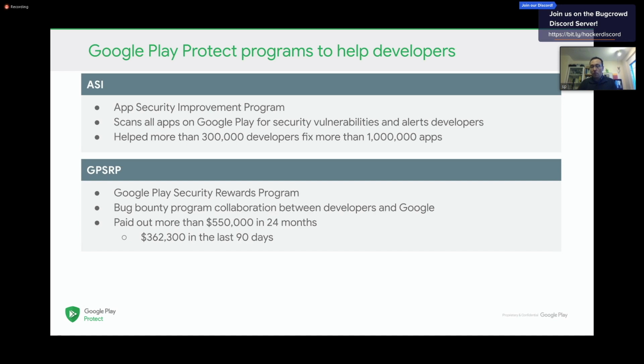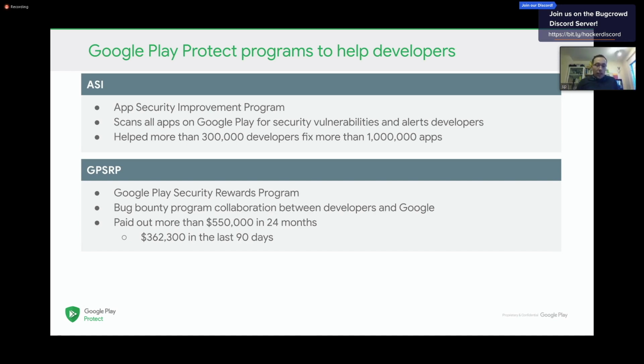And if they are non-responsive, or if they don't have any kind of structured response procedure, and it's going to be difficult for hackers to get these issues fixed, then we're going to work with the developer ourselves, bringing essentially the big stick that Google can bring to the table. We handle the initial contact with the developer, and we try to get the issue that you find remediated. And that's really cool.